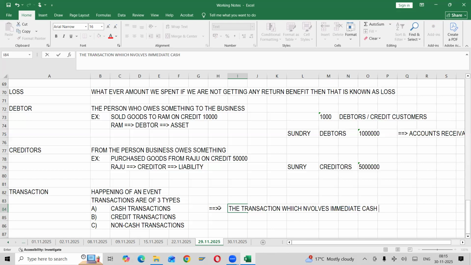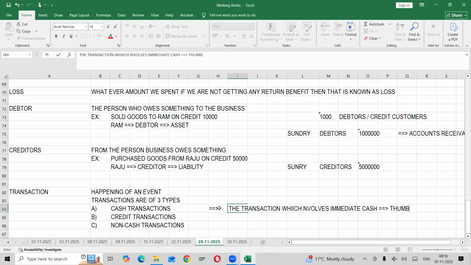Immediate cash means you purchased and you paid the cash. You purchased the goods, you paid the cash. You went to a restaurant and you paid the amount after. That type of transactions is known as cash transactions. Clear? Any questions here?